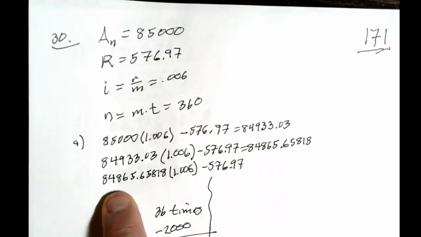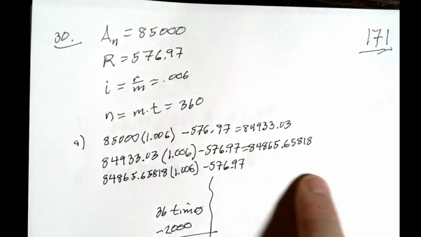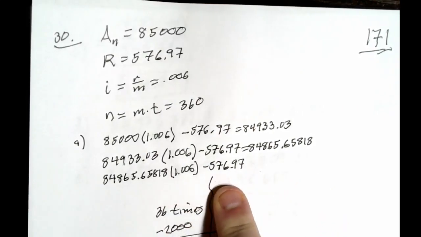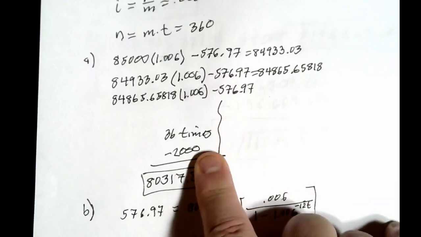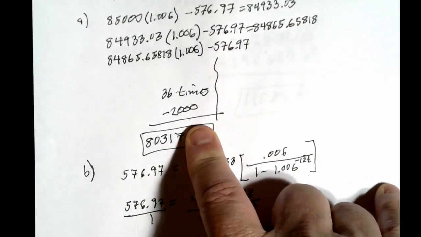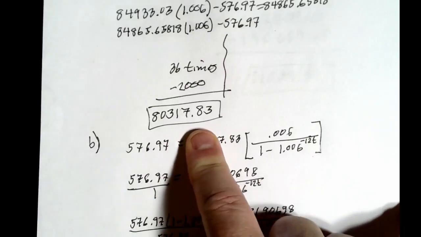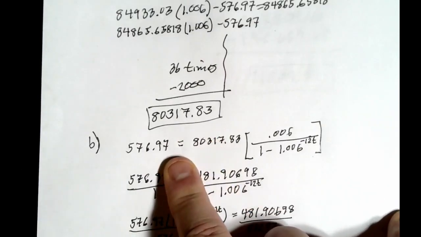And then you do this again with each successive one. You continually multiply by 1.006 and subtract 576.97. You do that 36 times, and then also subtract another 2,000, and you get $80,317.87.